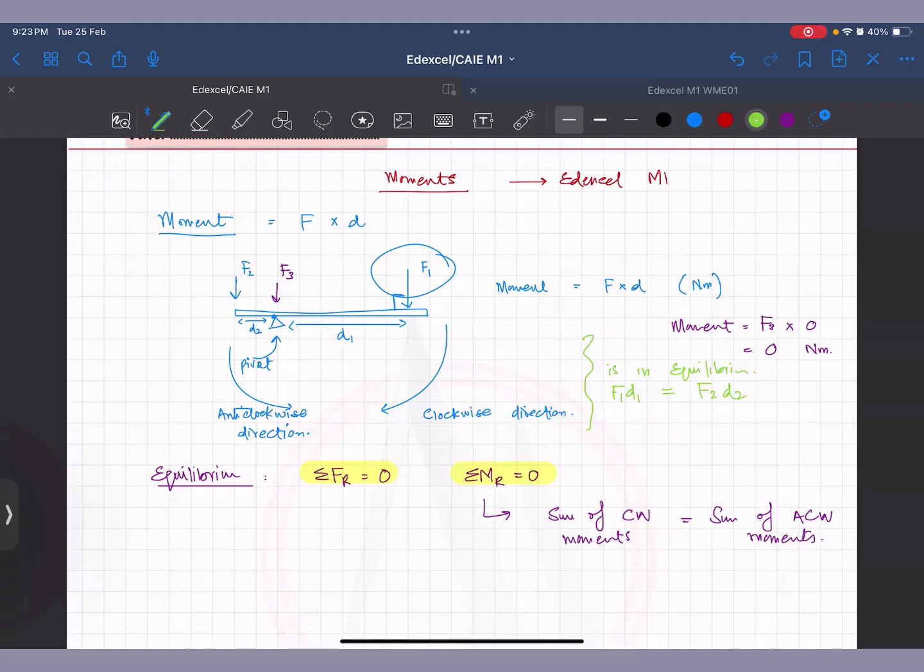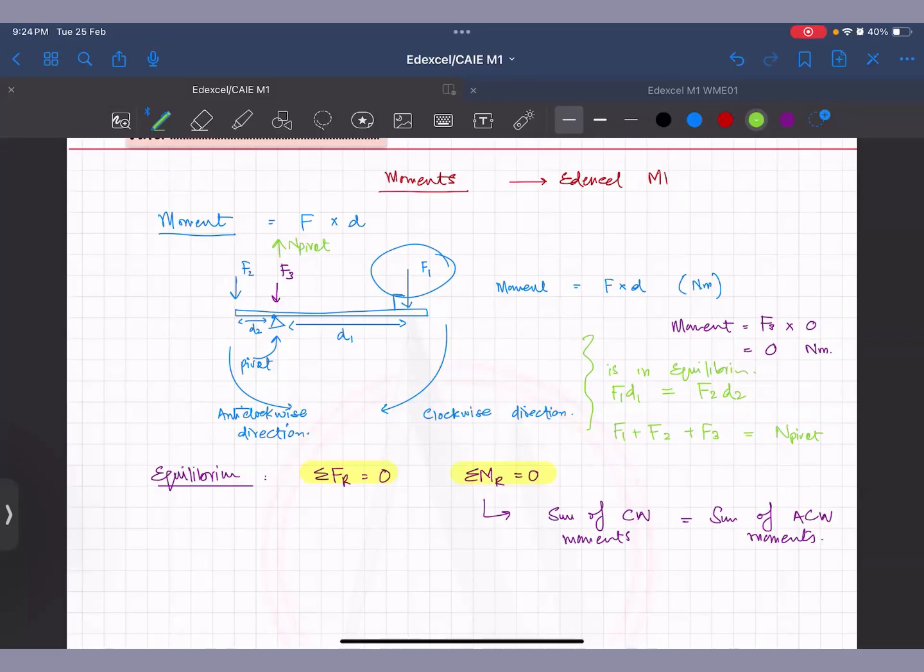So right now the forces that are pushing this plank down are F1, F2, and F3. To oppose these forces, there would be a resultant normal force at the pivot, like this upwards, which would be cancelling the effect of all three forces which are pushing it down.